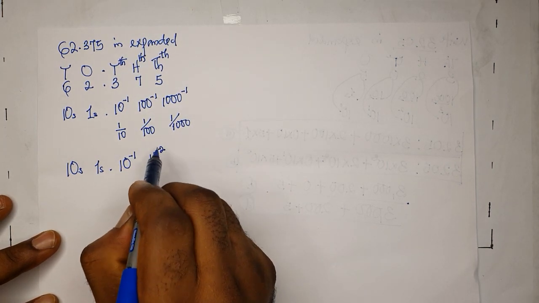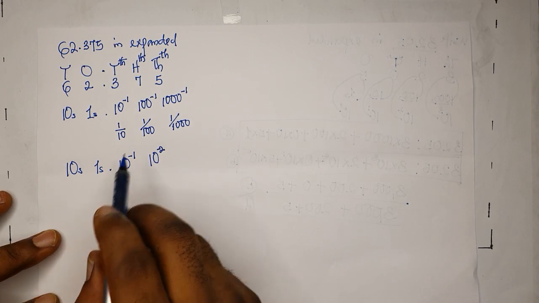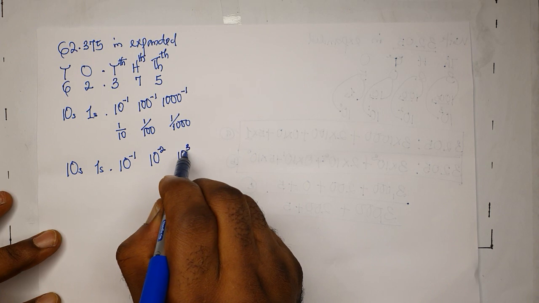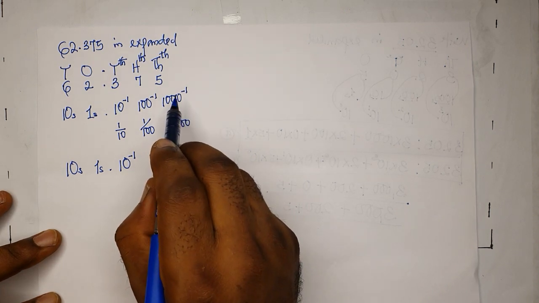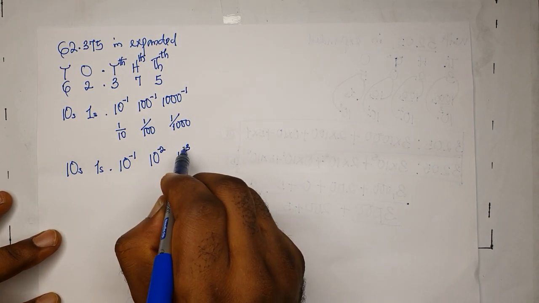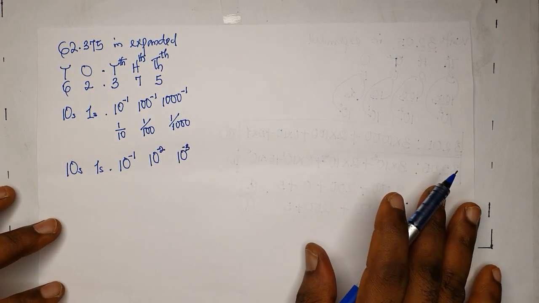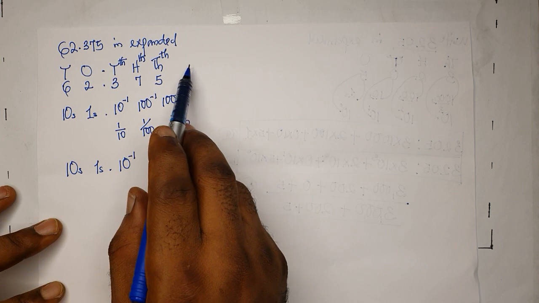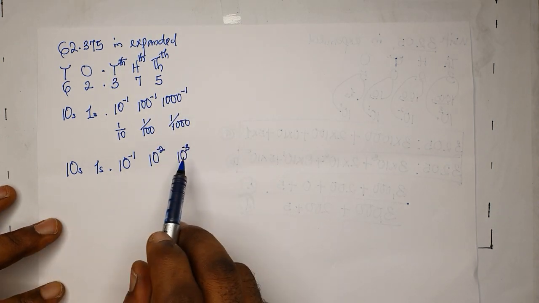That makes it negative 2 in the power. 1000 is 10 to the power of 3. You remember that? But because it already has negative 1, 3 changes to negative because of the place value it represents. So we have just ended up expressing our place value as numbers in powers of 10.